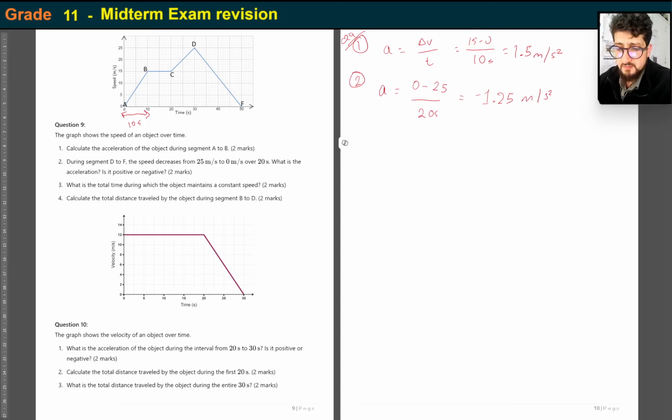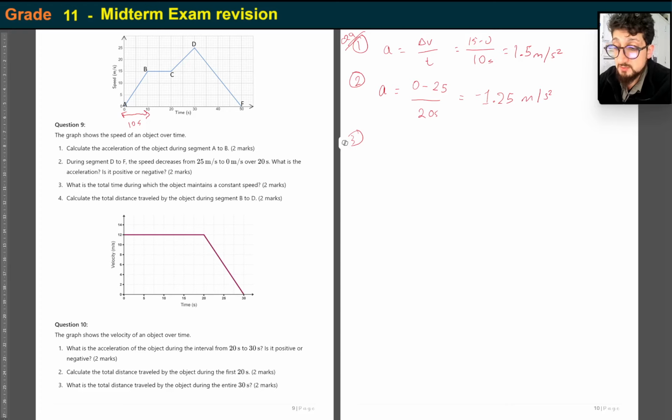Right. Number 3, what is the total time during which the object maintains a constant speed? Okay, so the constant speed, here's the speed over here. There's only one situation where constant speed is happening, and it's B to C. Now they're asking about the time during which the object maintains constant speed.